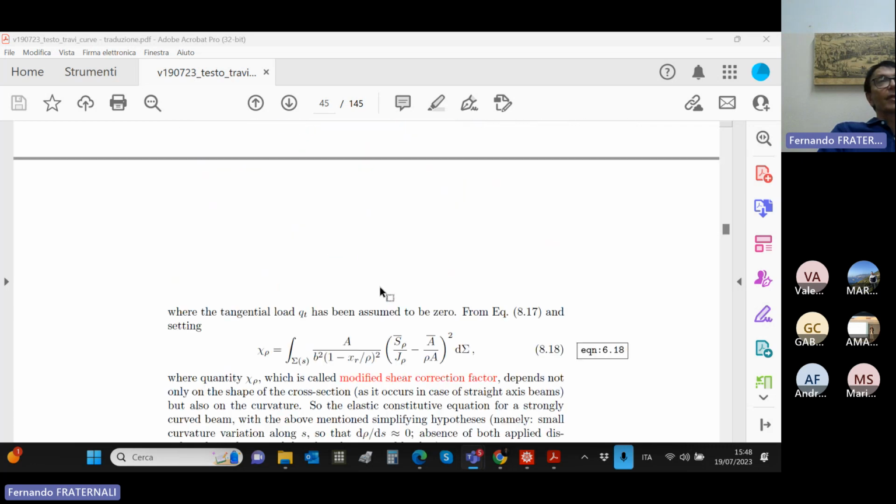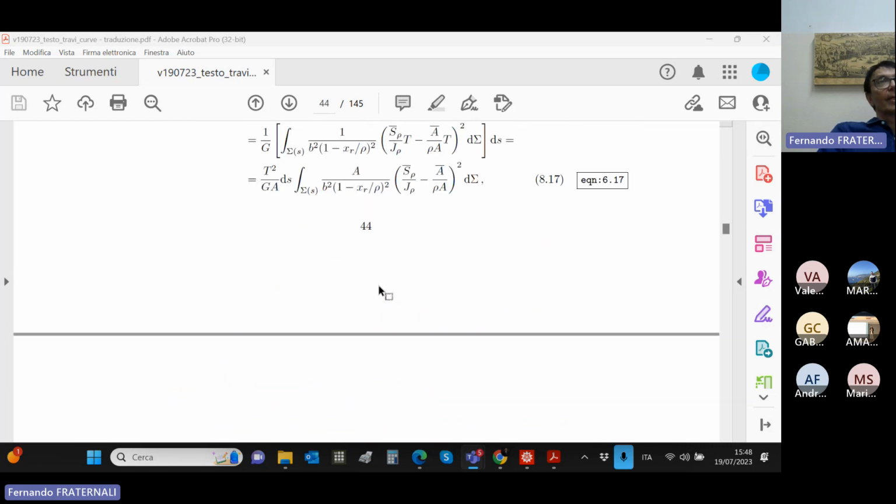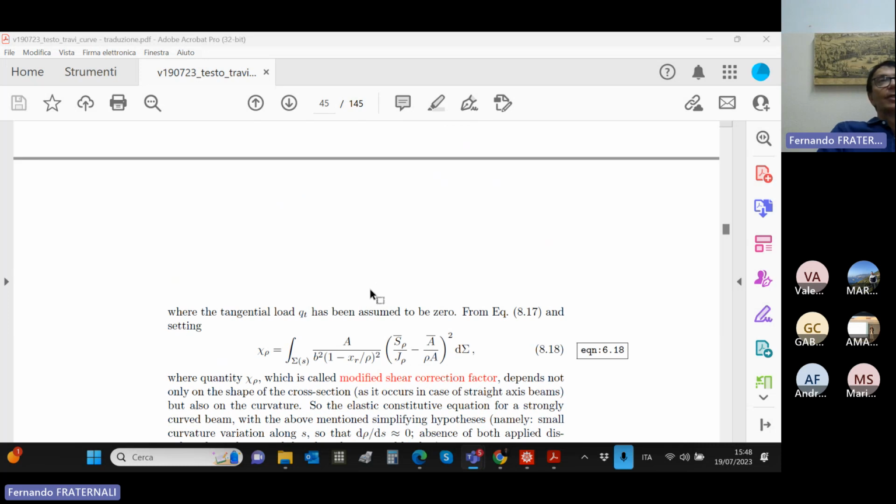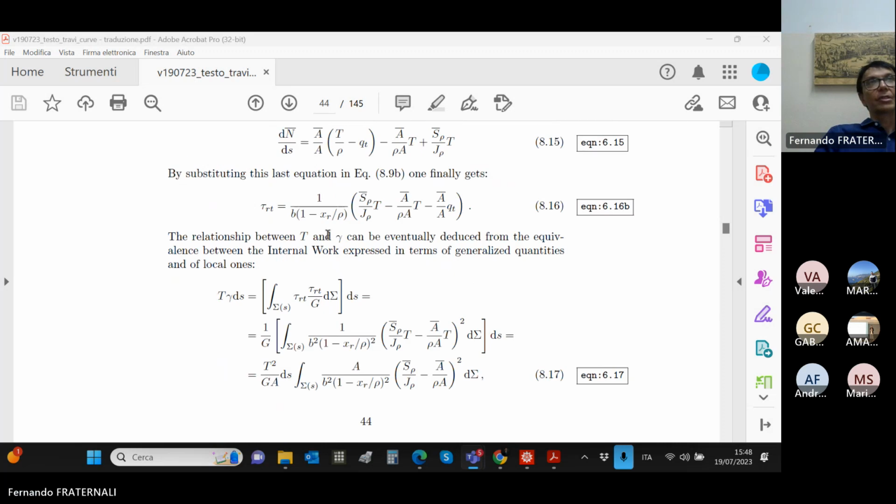This constant can be defined as the shear correction factor of the curved beam, which permits to correct the beam theory in such a way that one obtains the same strain energy as the exact three-dimensional theory.